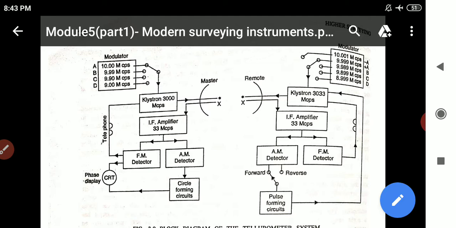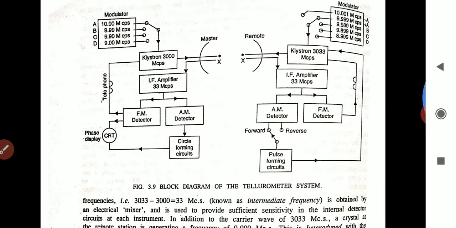This modulated signal is received at the remote station, where a second klystron generates another carrier wave at 3033 MCS. The difference between the two stations' frequencies is 33 MCS. The schematic diagram already shows a clear explanation.